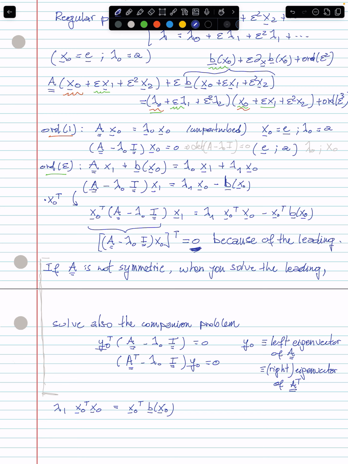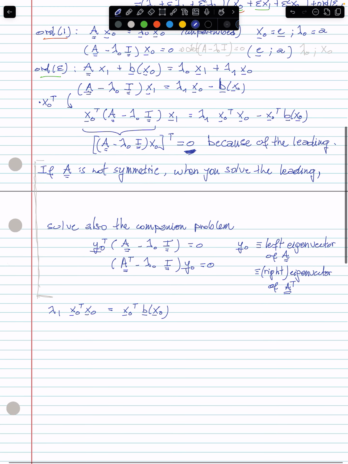Or, in other words, we can also write that lambda 1 is equal to x0 transposed times b divided by the squared norm of x0. So if you're more used to other notations, you could write something like this.